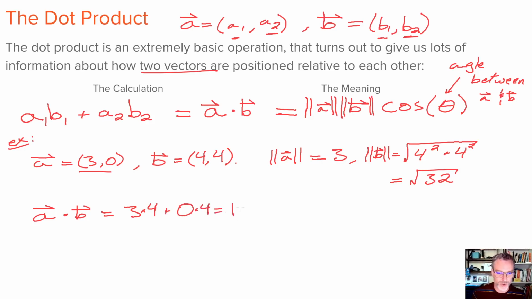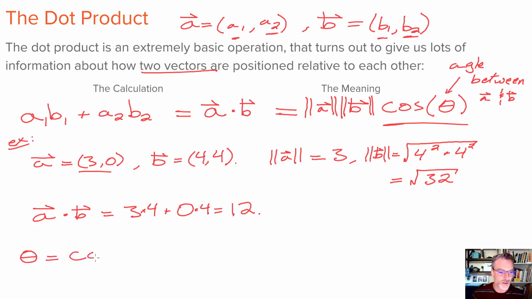That just gives me 12. Okay, so that's it in terms of the dot product. The dot product of A and B is 12. Done. End of story. But what we can use that dot product for is to find the angle between A and B. Okay? So I'm looking for the angle between them.